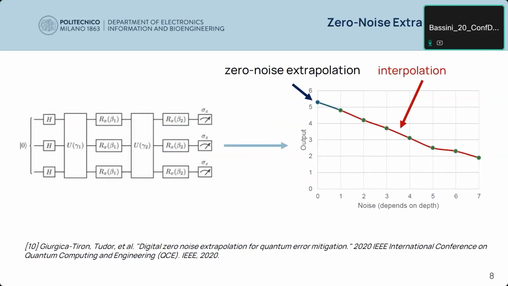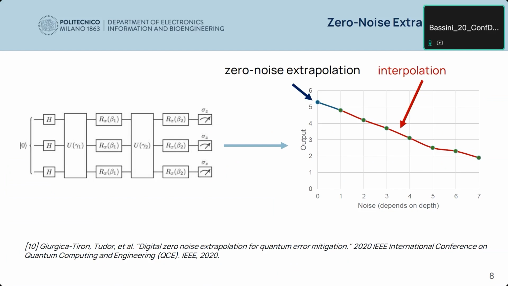The error mitigation technique that we use is the zero noise extrapolation, as I was saying before. And just to give you a brief overview of how it works. Here on the left, you can see quantum software that we want to mitigate against the effects of noise, described as a circuit. What zero noise extrapolation does is it gets a statistical model starting from this circuit, where it finds a correlation between the intensity of the noise of the quantum hardware and the effects on the output.